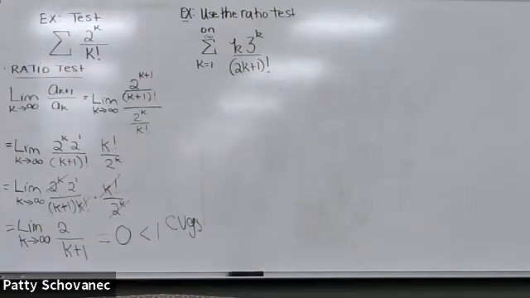Again, in my training, you learn to recognize which test to use at which time. Having powers of k and/or factorials and no sums makes this a prime candidate for the ratio test. Right? Products are what get things to cancel. Powers of k represent products, factorials represent products.